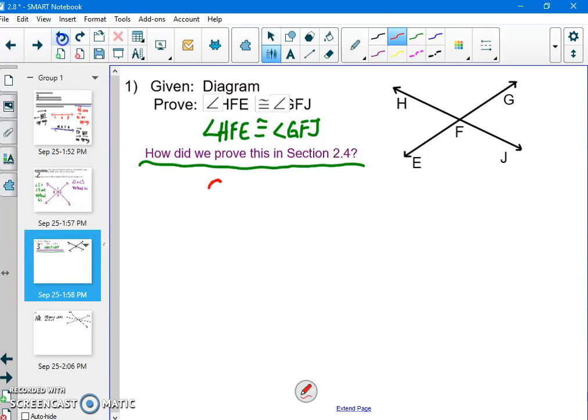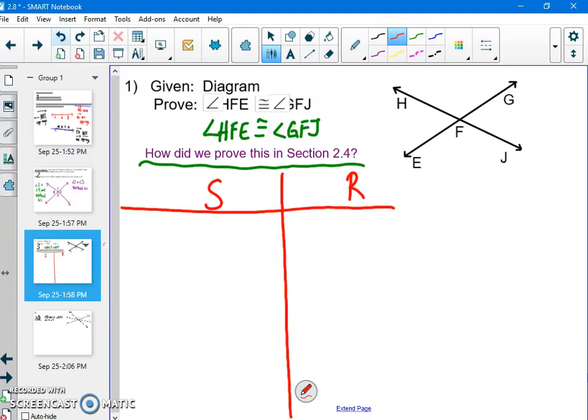So we have statement, we have reason. The first thing that I can tell from the diagram is that EFG is a straight angle, and we assume this from the diagram.